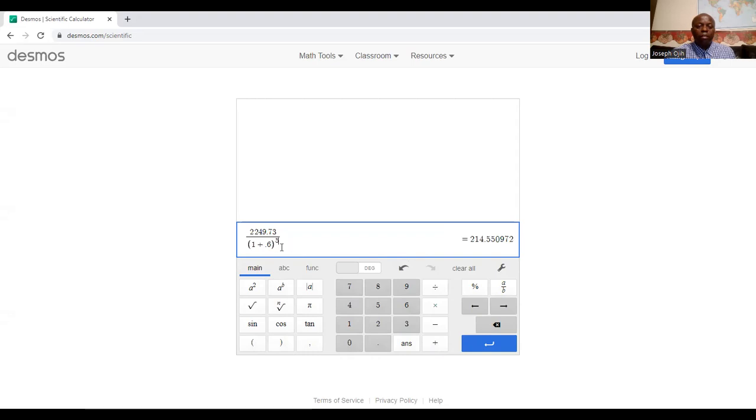Sorry, my mistake. I put it the wrong way. I put 0.6 instead of 0.06. So 1 plus 0.06, and it gives me $1,681.13 approximately.